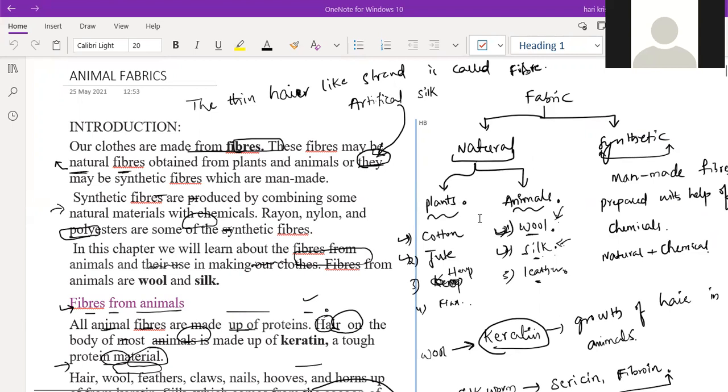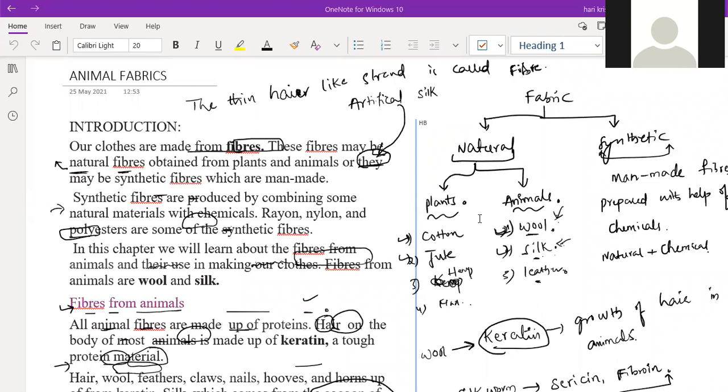Which are natural plant fibers and which are coming from the animals. The next one is the synthetic fibers. Synthetic means what? Which are completely prepared with the help of chemicals only. Okay.